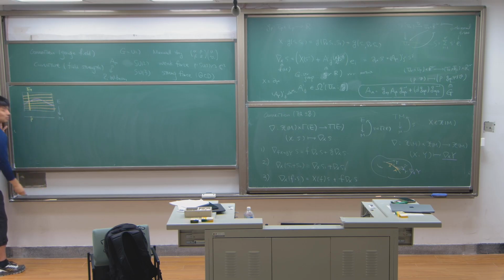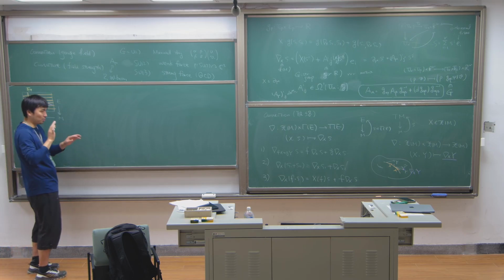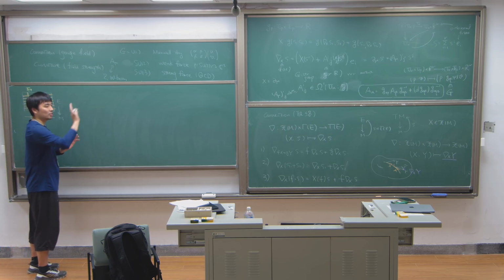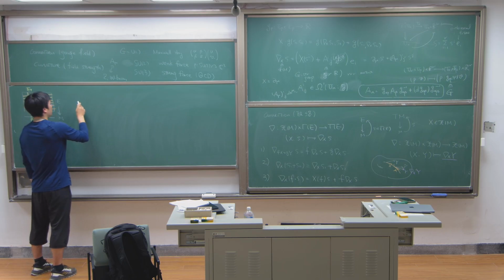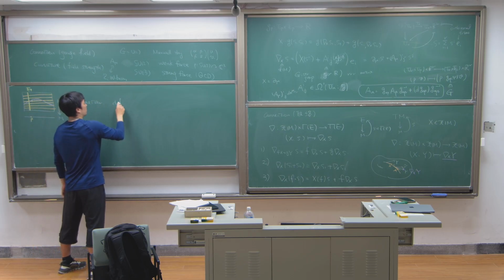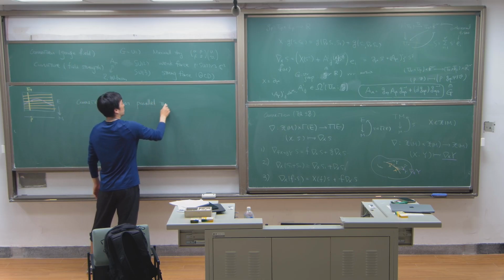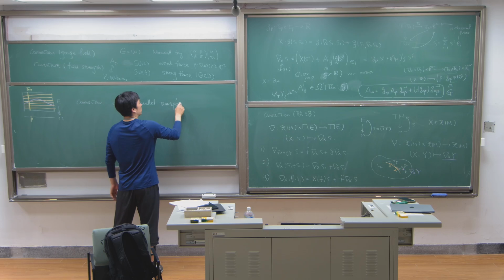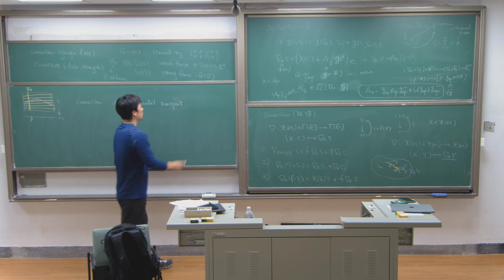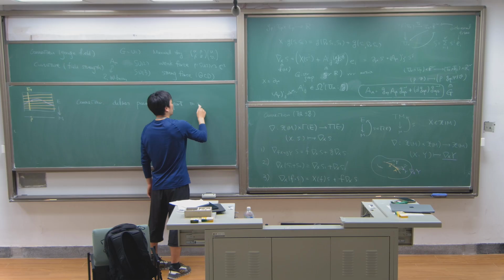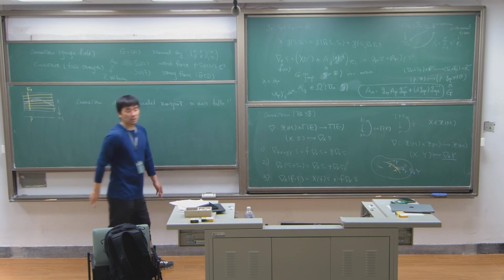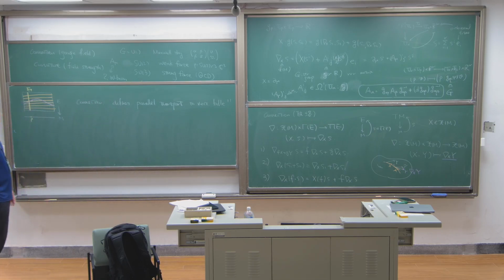So the punchline of connection is that it just defines parallel transport, defining the direction of parallel transport. So the connection defines parallel transport to the vector. That's what the connection does.